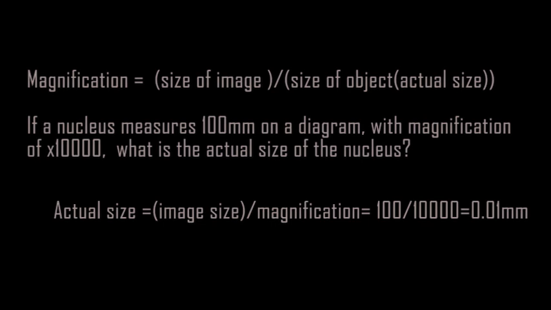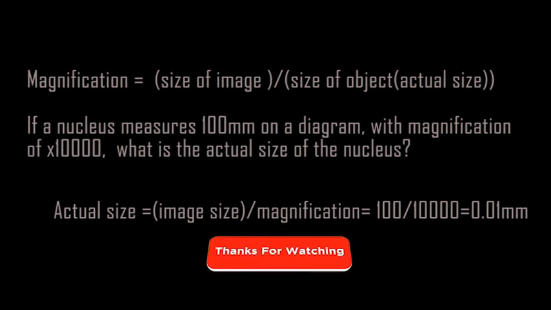Actual size equals image size over magnification. This means 100 millimeter over 10,000 equals 0.01 millimeter.